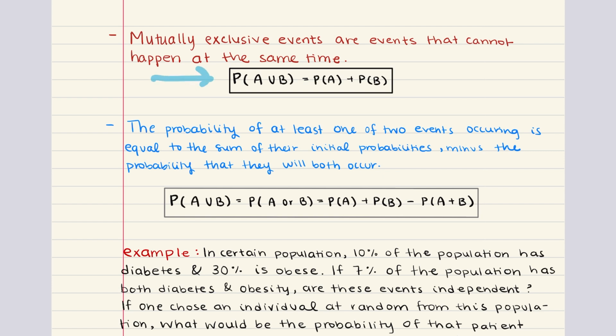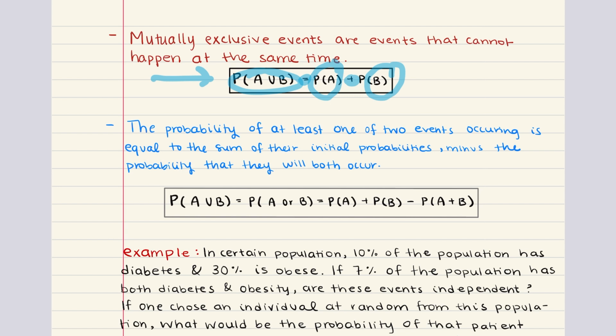This expression says that the probability of either event A or event B occurring is equal to the sum of the individual probabilities of event A and event B. However, if the events are not mutually exclusive, meaning that they can occur together, and we want to figure out the probability of either event A or event B occurring, we have to account for the overlap.